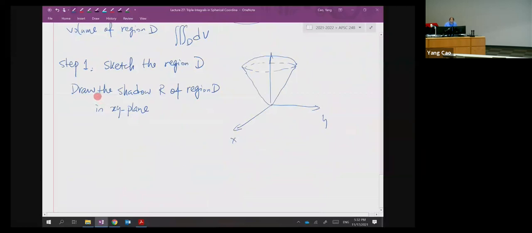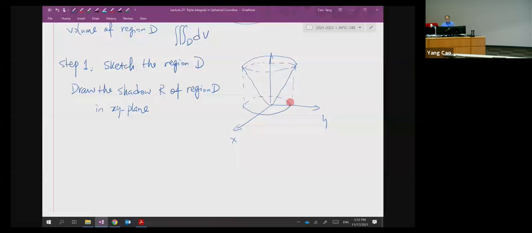The first step is to draw the shadow R of region D, because you need R to determine the theta limits. So in this case, you project this whole region D into the XY plane, which is the shadow. That certainly gives you a circle. You actually don't need to write down the equation of the circle.